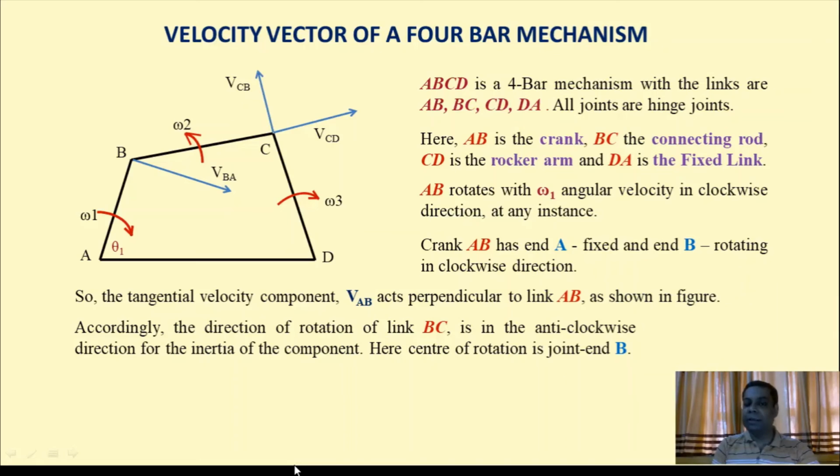This is the point that you must understand: when this type of mechanism comes into the picture, for the adjacent links that we are considering, if the inscribed angle is less than 180 degrees, I repeat, if the inscribed angle is less than 180 degrees, then of course when one particular link is making a clockwise rotation, the adjacent moving one should make the opposite, that is anti-clockwise rotation.